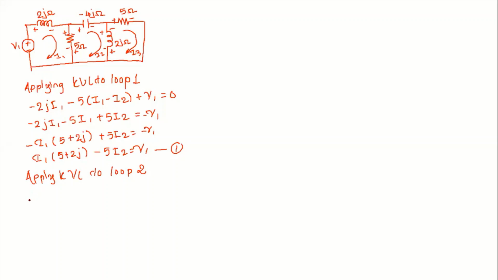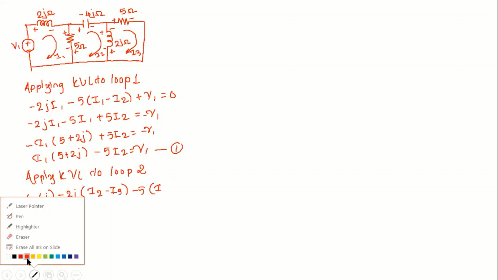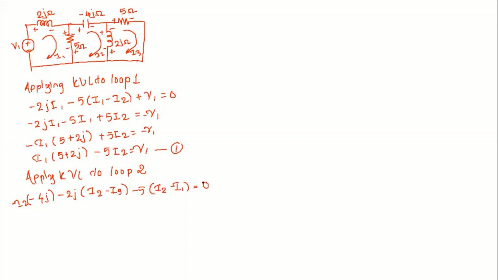Whenever we are dealing with a capacitor it is always denoted as minus, but since we are performing a mesh analysis, it will be minus 4j into I2, minus 2j into (I2 minus I3), next minus 5 into (I2 minus I1), which is equal to 0.